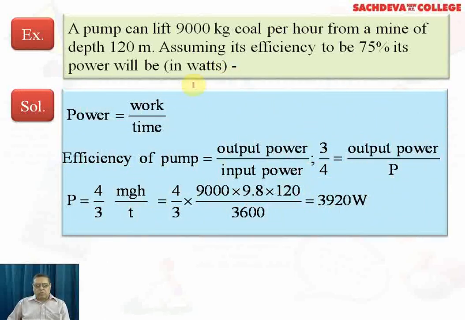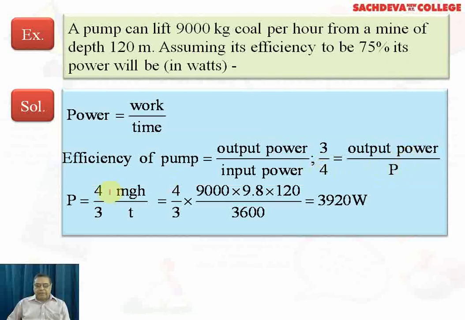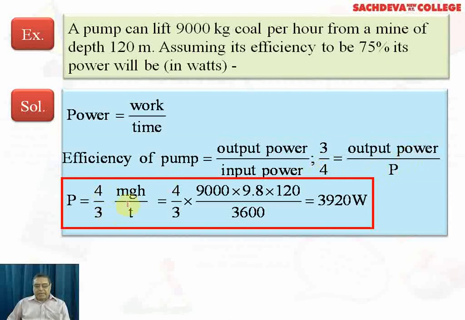To start with the solution, we first apply the formula: power is equal to work over time. The efficiency of the pump is output over input, which is 3 over 4. So output power over P is equal to the efficiency of the pump. Making P the subject of the equation, P is 4 over 3 times mgh over T, where mgh is the potential energy at height 120 meters.